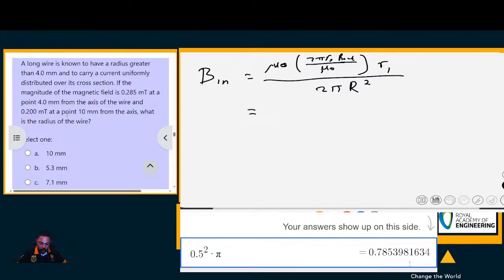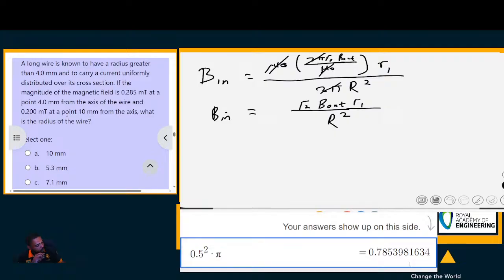and if you simplify it, it just means the magnetic field on the inside is equal to, that cancels, 2 pi cancels there. So basically what is left is the radius R2, B outside, R1, the radius inside, and then R squared, which is what we want.